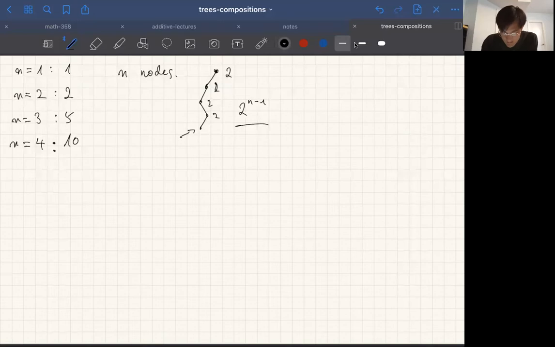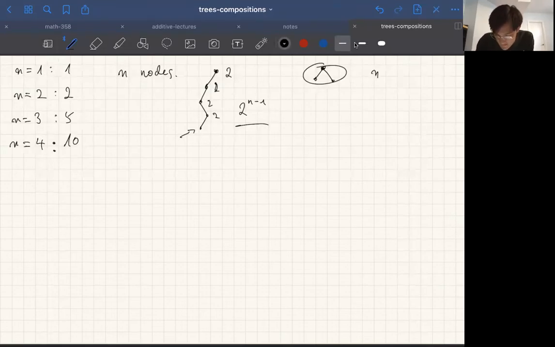Okay, and that's one of the cases. The other case is when you already have 2 kids at the top. That's almost the same, except there's way fewer edges. We use 2 of these edges at the top, and they have to be there.